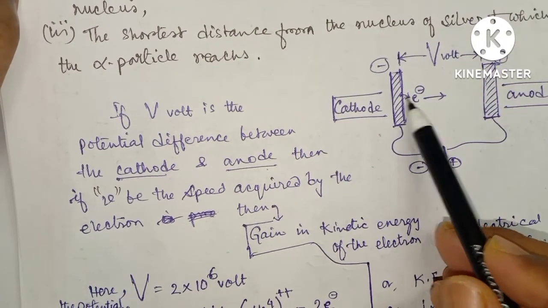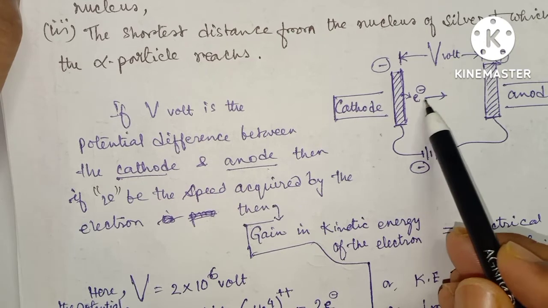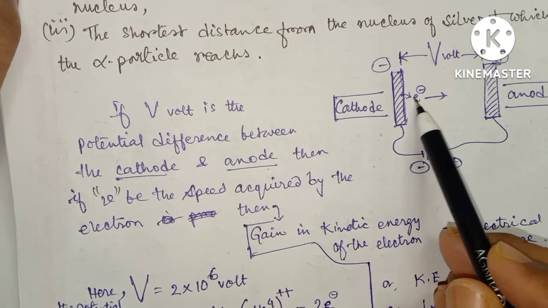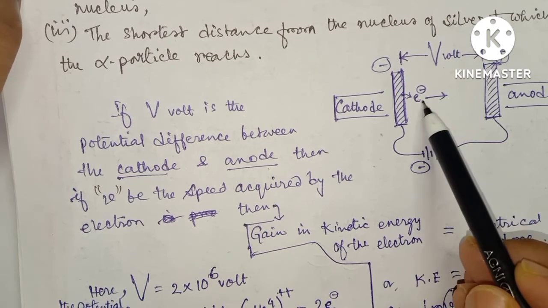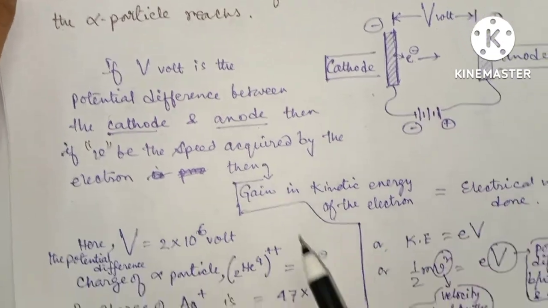That means from the cathode, the electron is ejected and will run towards the anode. Therefore the electron must have some kinetic energy.